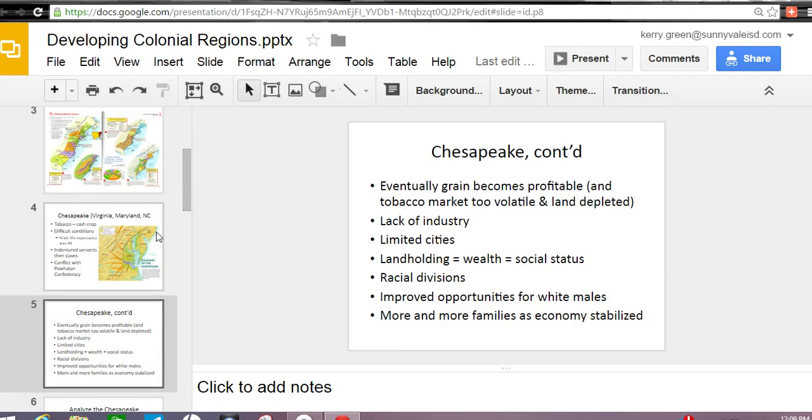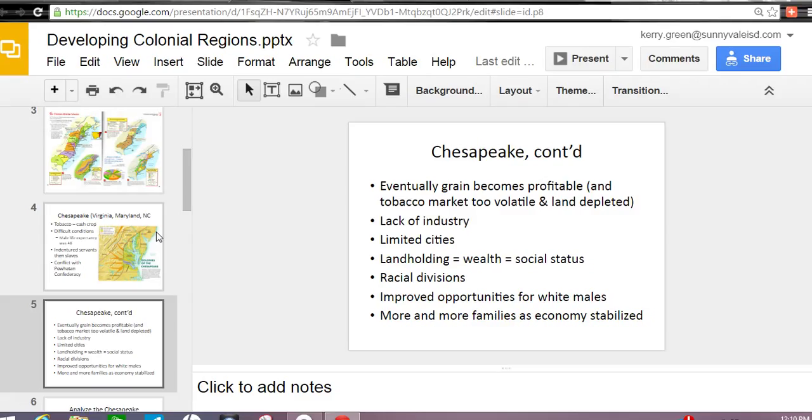Eventually, grain becomes more profitable. The tobacco market is very volatile. And they figure out in Virginia, Maryland, and North Carolina that the slave colonies, and specifically the Caribbean islands, are desperate for grain to feed their slave populations.